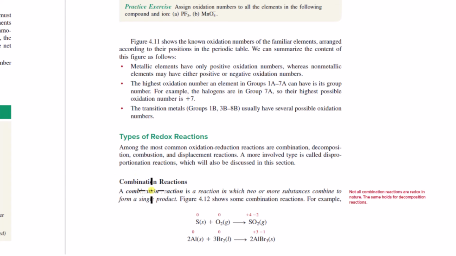So a combination reaction is a reaction in which 2 or more substances combine to form a single product. So with a combination reaction, the general idea is you have multiple reactants combining to form a single product. So compounds have been combined.